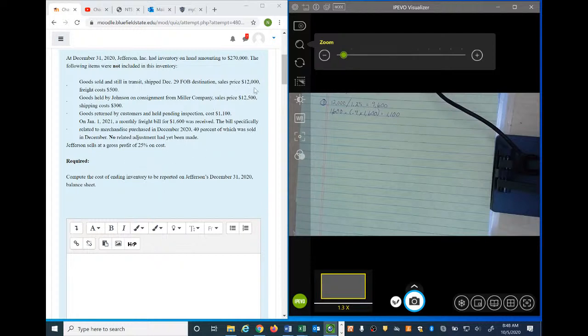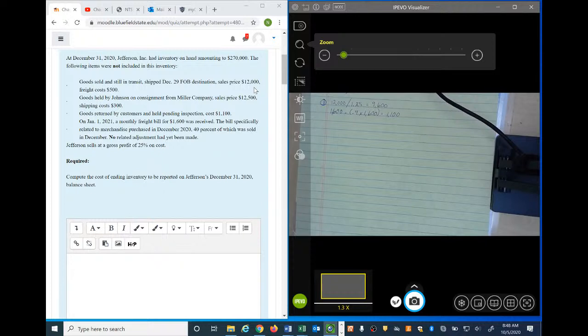We just do the 12,000 divided by 1.25. The next, held by Jefferson on consignment, that's not ours, so we omitted that. Goods returned by customers and held pending inspection: the 1,100, we do add that back in. You're right. The inspection does not matter. The customers have already returned it, so I apologize about that.